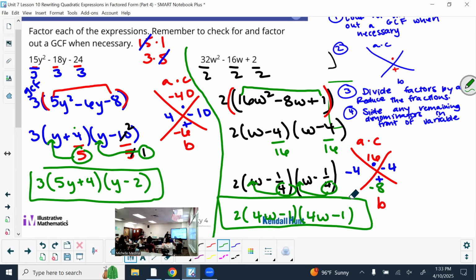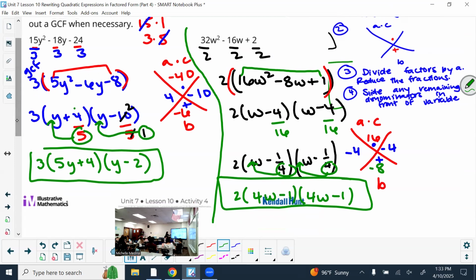But that's how you factor. So if your practice is asking for the factored form, these are the factored forms. If your practice is asking for solutions, then they're asking for the zeros, the values for the variable that make it true. Usually at this stage it's easy to see the zero.